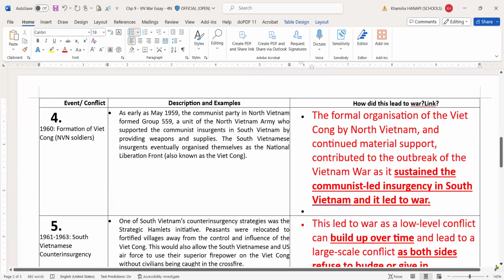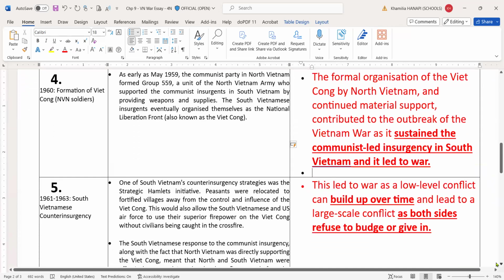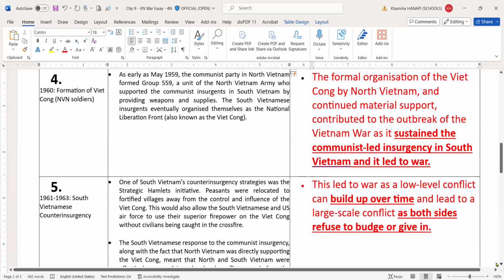So moving on. When the North Vietnamese seem to be putting in a lot of materials, a lot of resources to fight the South Vietnamese, then why is it escalating into war? Because the South Vietnamese counter-fight. Now this war, where's the link?